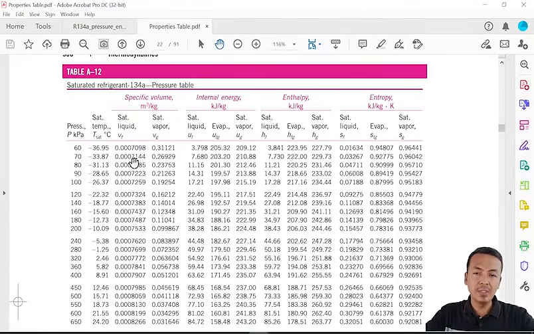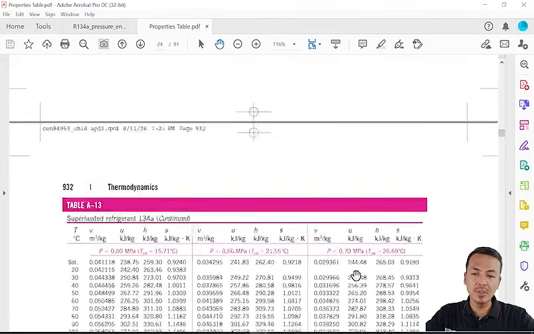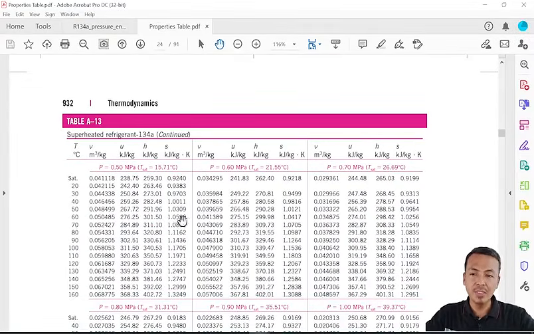In this table, there are only the values for the saturated condition. Also, the other tables are the superheated tables, like this one, with all the values for the superheated condition. But in these standard tables of the refrigerant, you cannot get the data for the mixture and for any condition that is not provided by these tables.